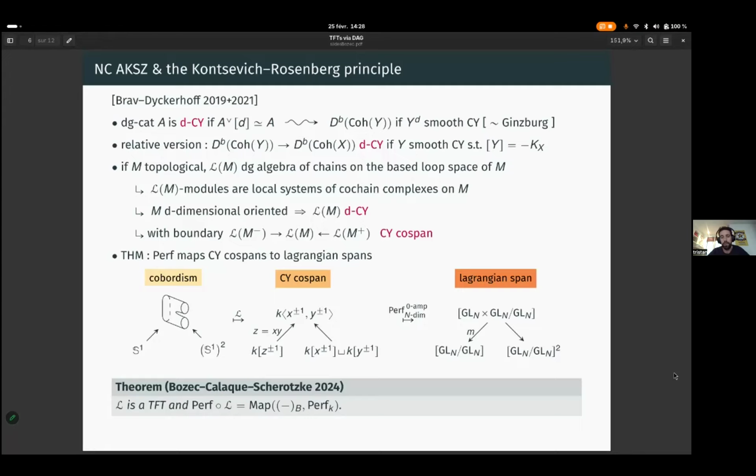And another approach is the one by Van den Bergh, who considered double Poisson structures, which is not using any DG structures.